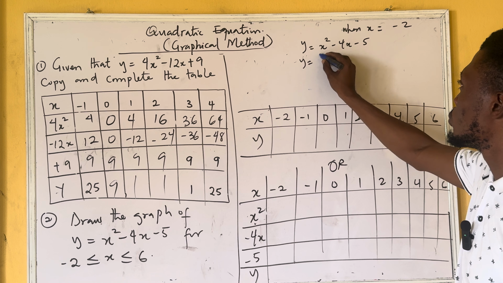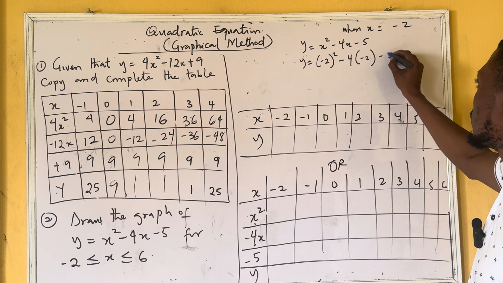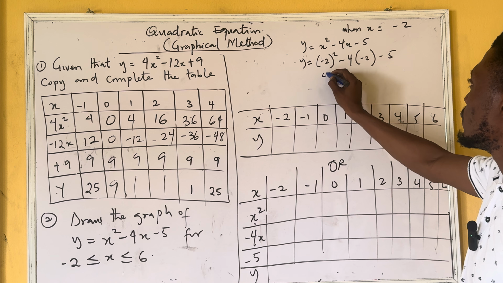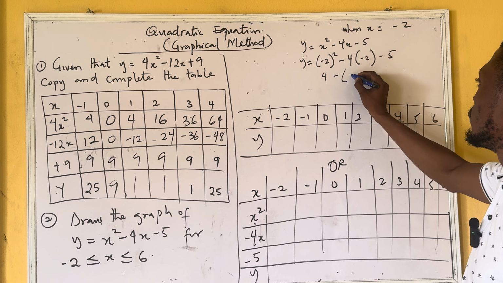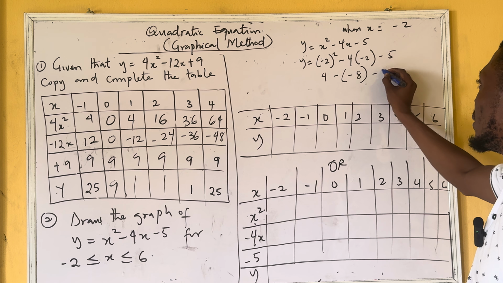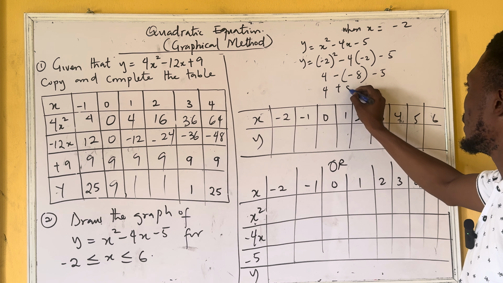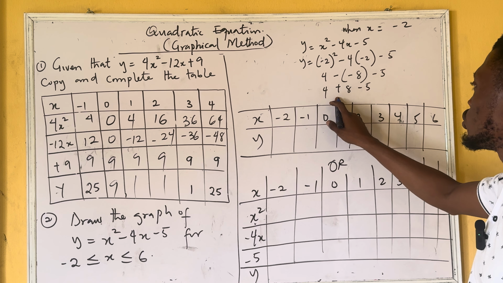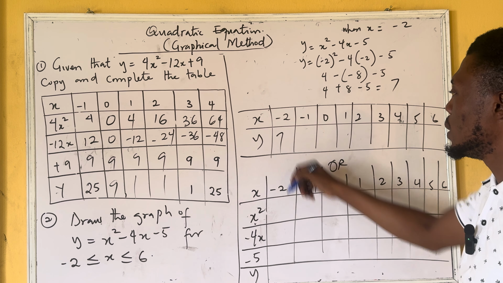So y is equal to minus 2 squared minus 4 into minus 2 minus 5. Minus 2 squared will give us 4. Minus 4 times minus 2 will give us minus 8 minus 5. Minus times minus is plus, so 4, then 8, minus 5. 4 plus 8 is 12. 12 minus 5 is 7. So equals 7. So 7 will be here.